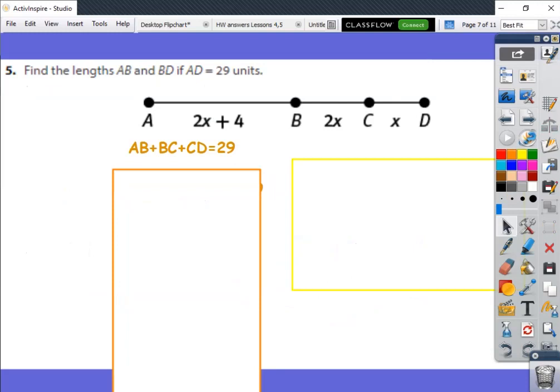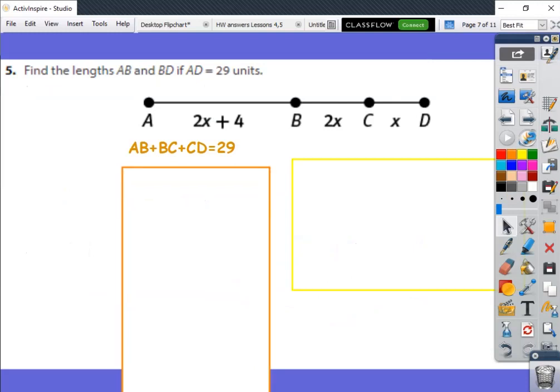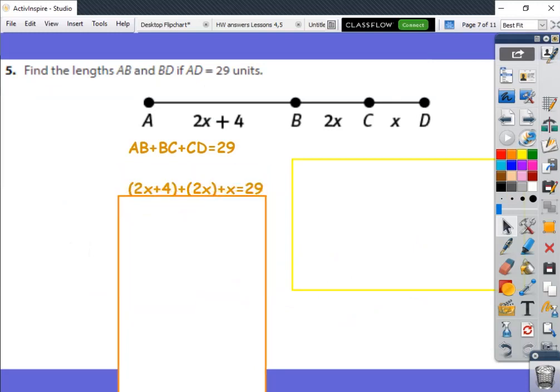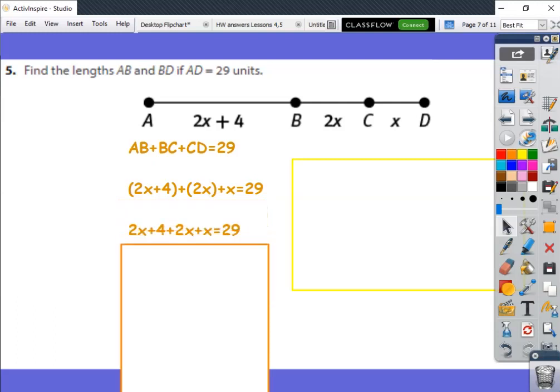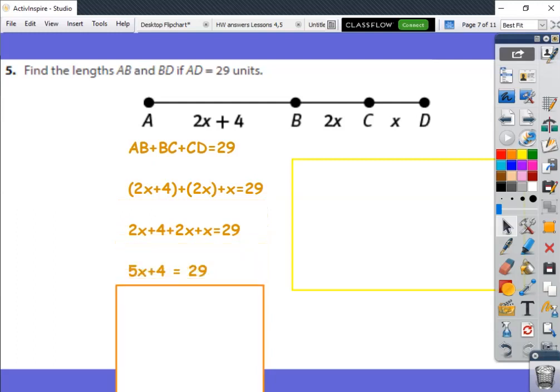All I'm going to do is substitute the expressions into each part. AB is 2x plus 4, BC is 2x, and CD is x. I'll put that in and take off the parentheses, because there's nothing to distribute. Then I combine my x's. I have 5 x's, so 5x plus 4 equals 29.